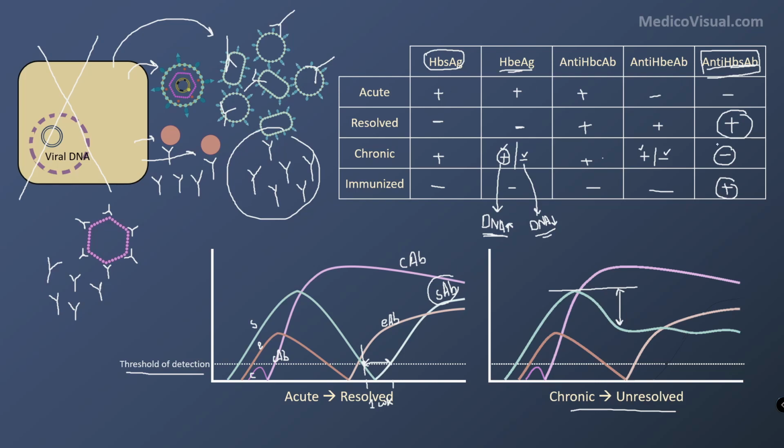In chronic case, IgG antibody will be there. But in acute case, IgM antibody will be there. The initial antibody that the body produces is the mega antibody, IgM. Why is it mega? I mean, it is a pentameric antibody, right?